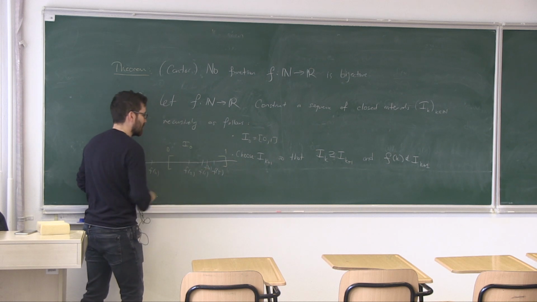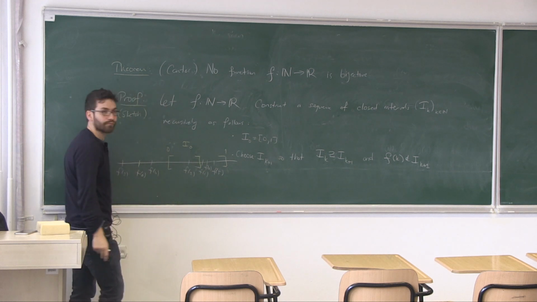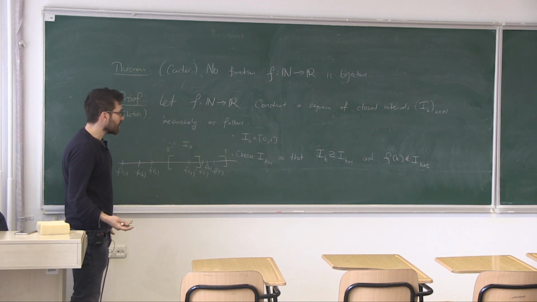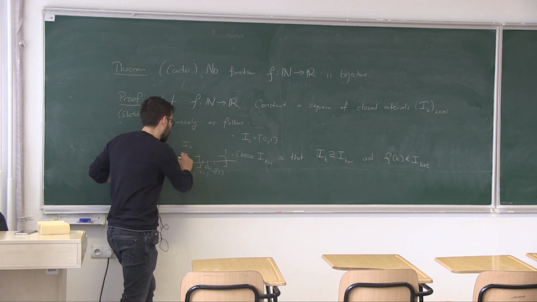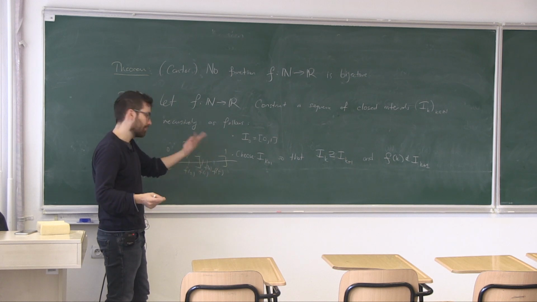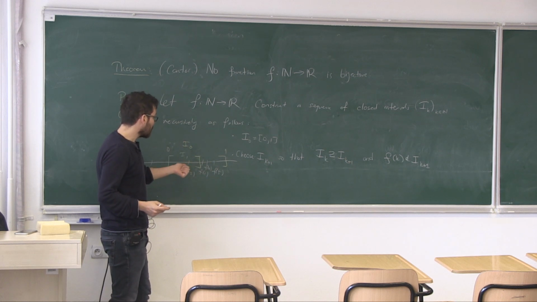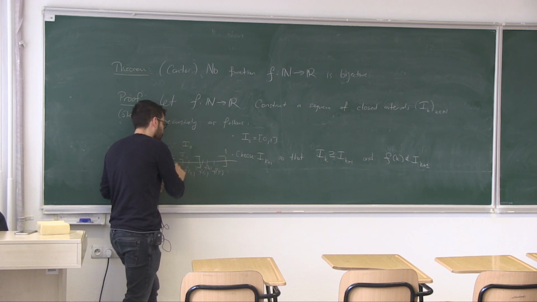Now I want to miss this guy, so let's take this interval. In the second stage, I want to find a subinterval of this I1 which misses f1. This already misses f1, so I can choose itself. At the next stage, I want to find a subinterval of this which misses f of 2.